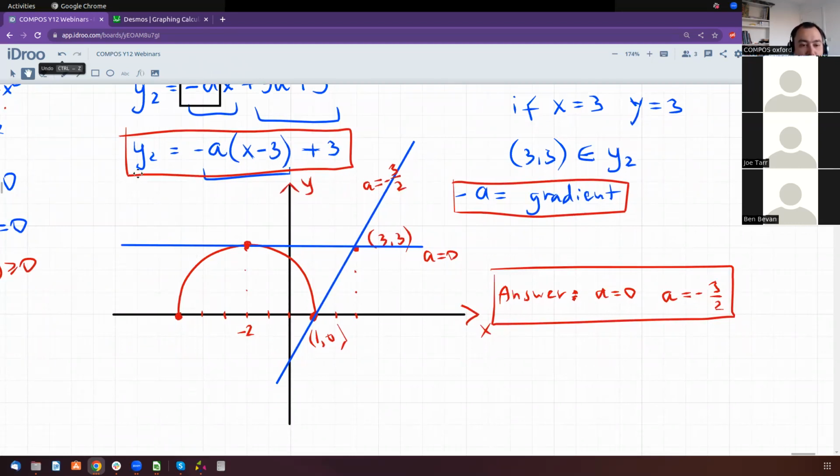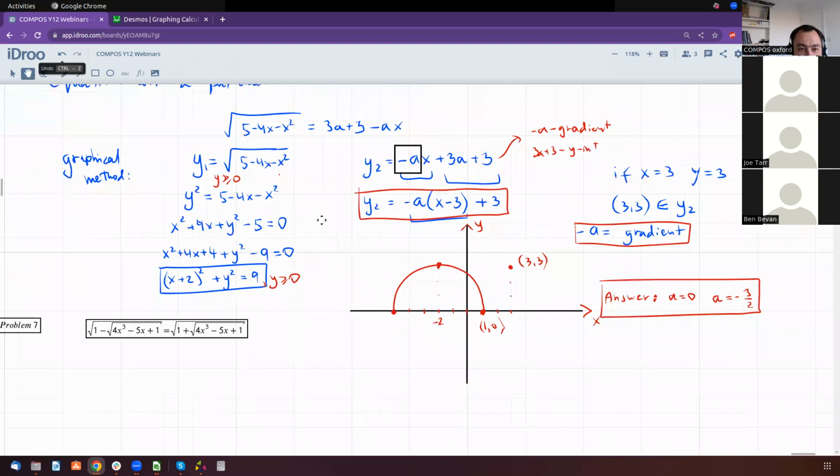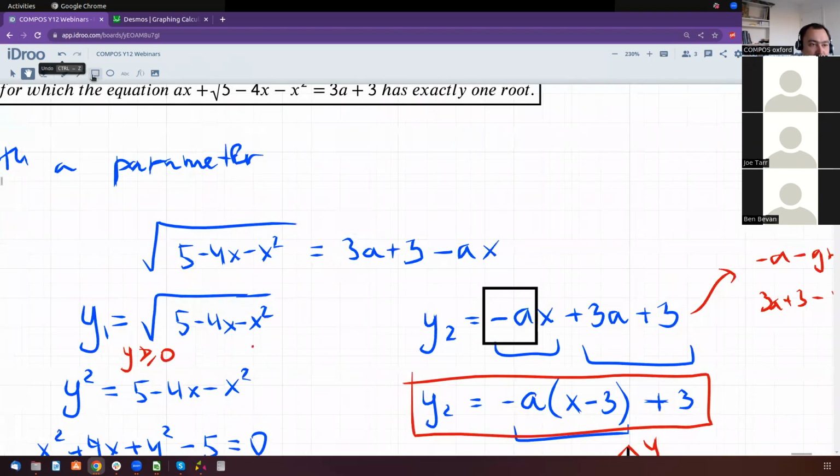So, look, I have to pause here. Yes. So bottom line is, the left-hand side of the equation is a semicircle. So I figured out that this is a semicircle.